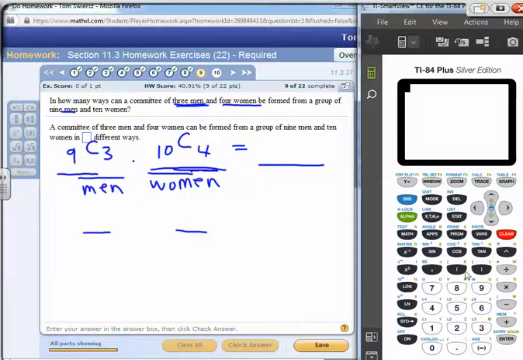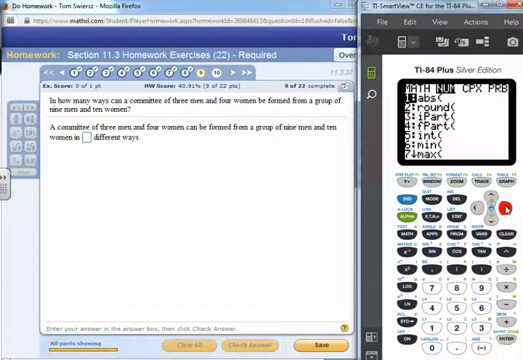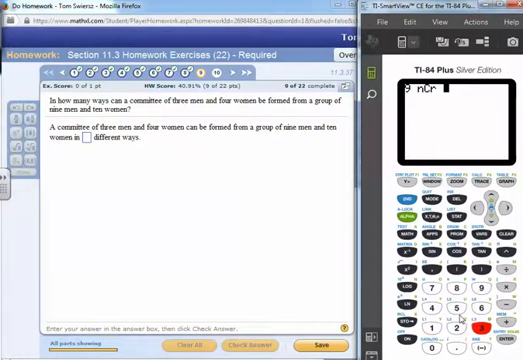So we've got the first one, for the men, 9 math, over, highlight probability. It's a combination, and we're selecting 3 men. So for 9C3, the number of ways to get the men is 84.